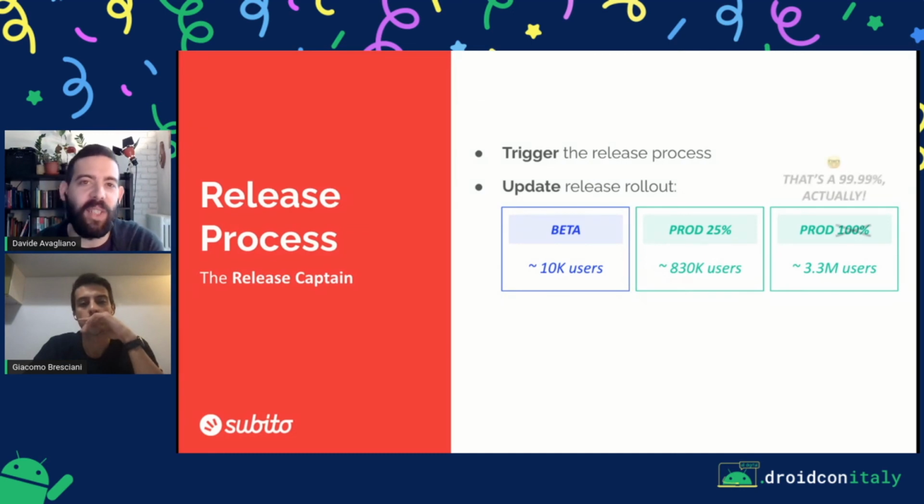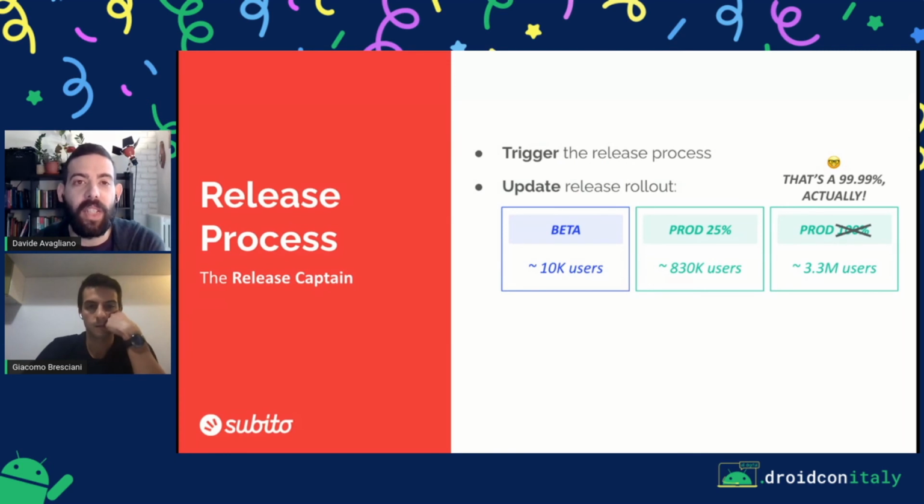Well, actually, this is 99.99% because we want to still be able to halt the rollout if something goes wrong. You know that on Play Store, if you place your application rollout at 100%, you no longer have the possibility to halt it. And we want to still be able to provide a hotfix. So this is a trick we usually use.